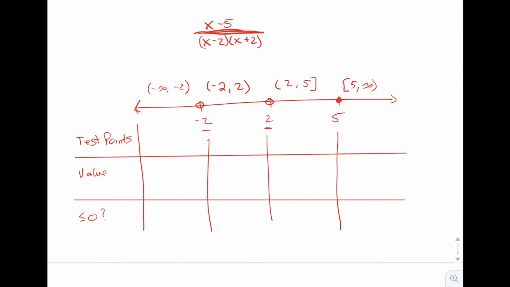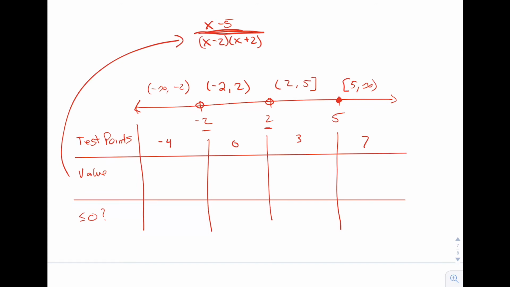I have to find a test point for every one of these intervals. So I can pick anything here: negative 4, I'll pick 0, I'll pick 3, and I'll pick 7. We can pick any point in that interval from 5 to infinity. And I'm going to plug these values back into the factored form. It's going to help me form a more cohesive answer if I do this.